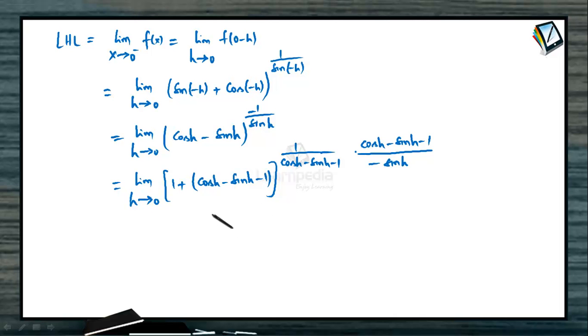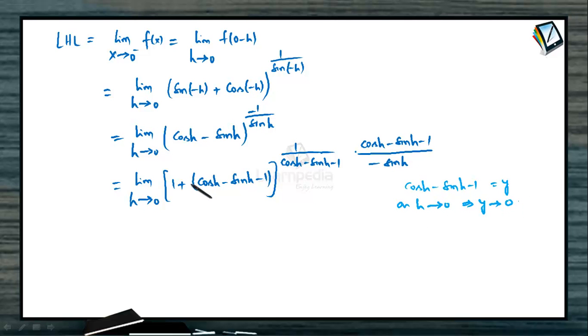Now why did we multiply and divide with cos h minus sine h minus 1? So that we created this function even in the power. Now when we take cos h minus sine h minus 1 as some y, then as h tends to 0, shall we say y tends to 0, right?